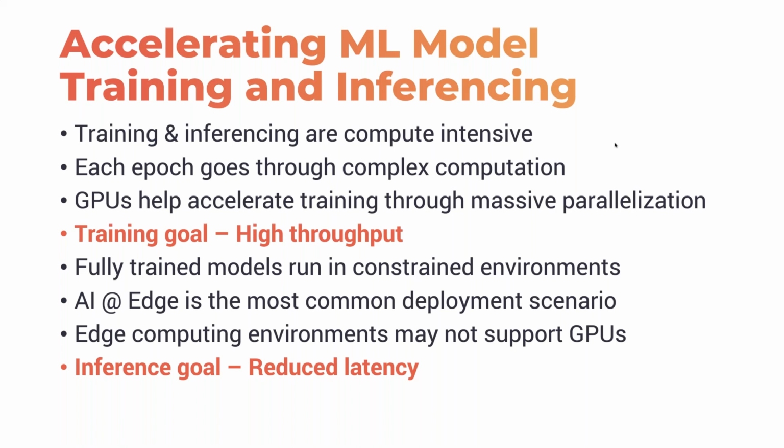Now, when it comes to inference, which is basically models run at edge environments in a constrained environment, the goal there is reduced latency and higher accuracy rather than precision. What I mean by that is, it is okay to get less precision, but we need to have more accurate results.